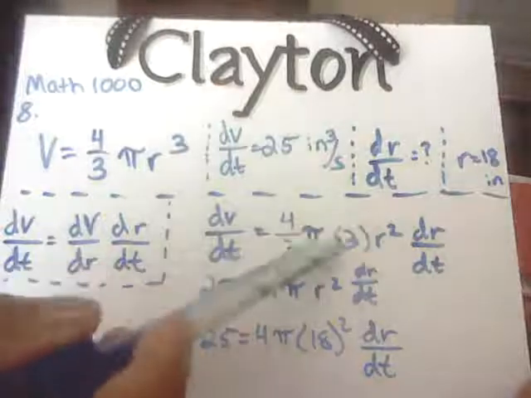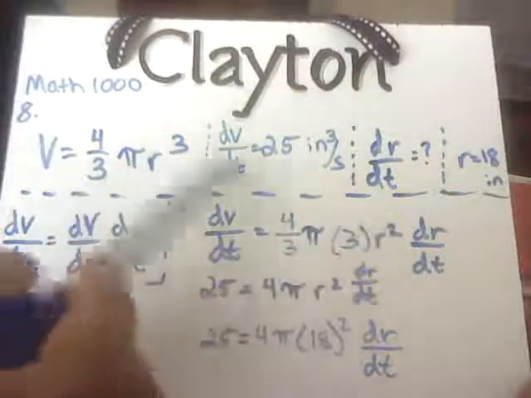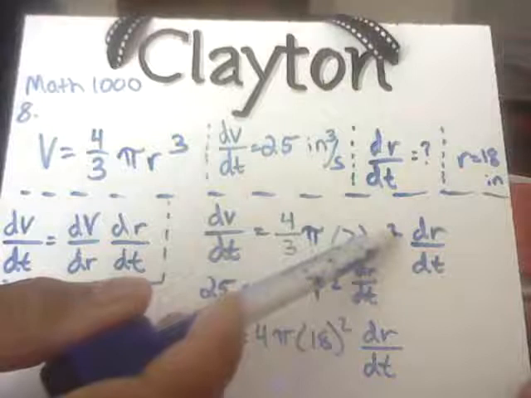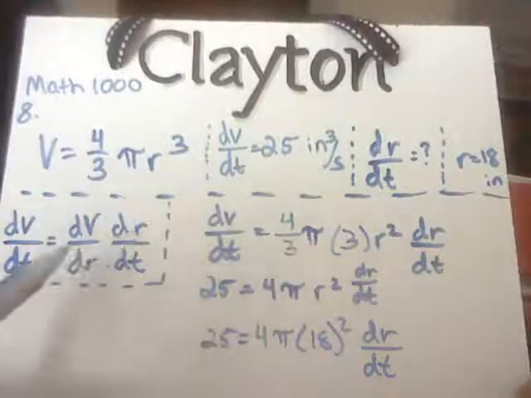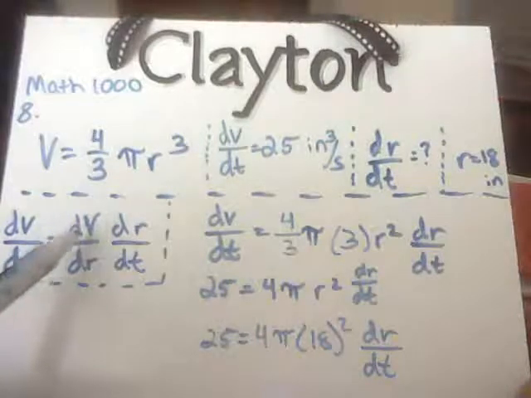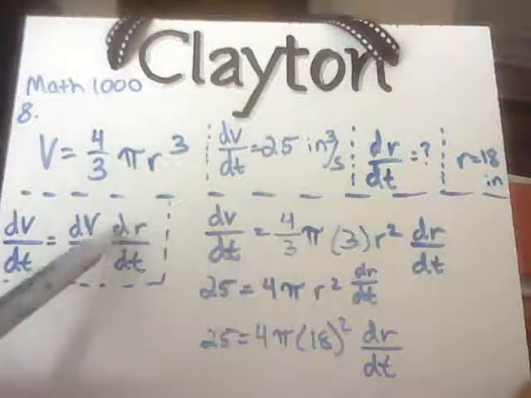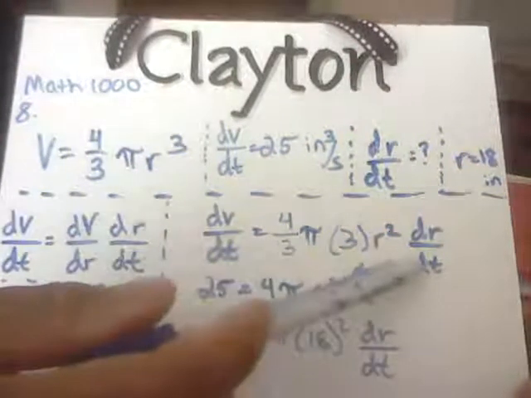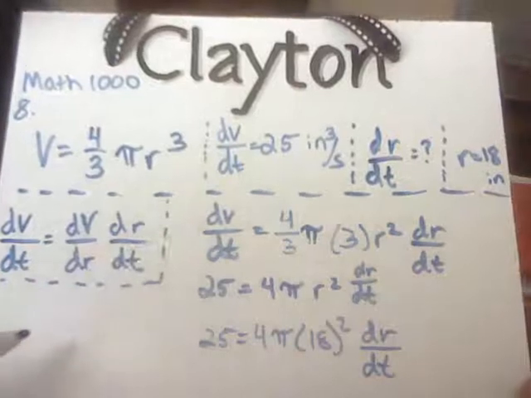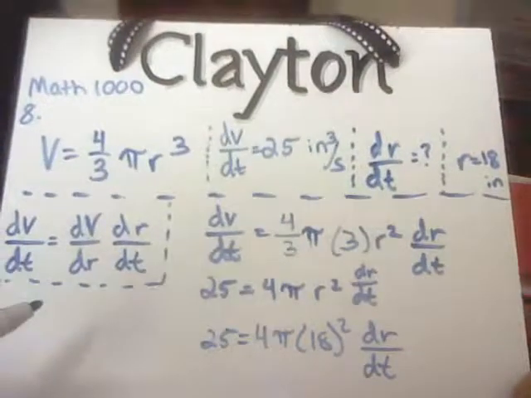So you bring 3 down, and then you do 3 minus 1, which is 2, and 2 becomes the new exponent for r. So after doing the derivative of V with respect to r, you multiply that by dr over dt, like I have right here. So now we can move on to the next step.